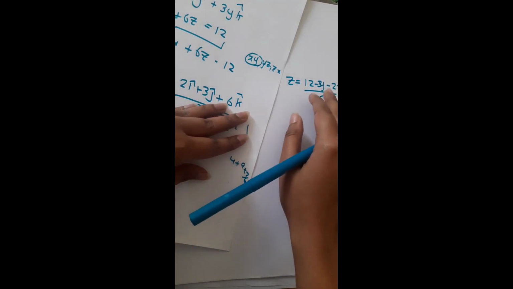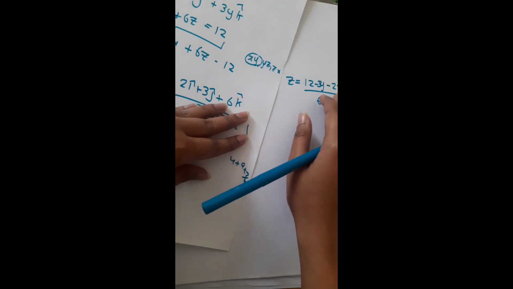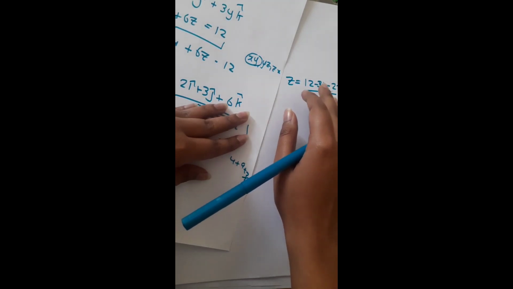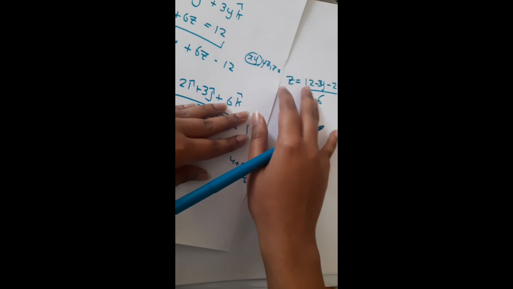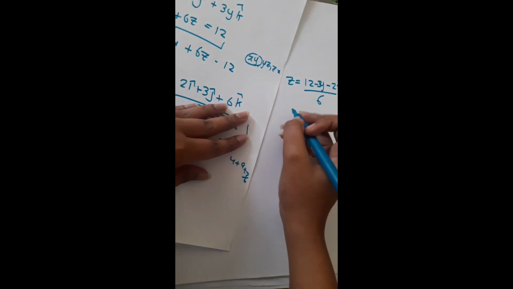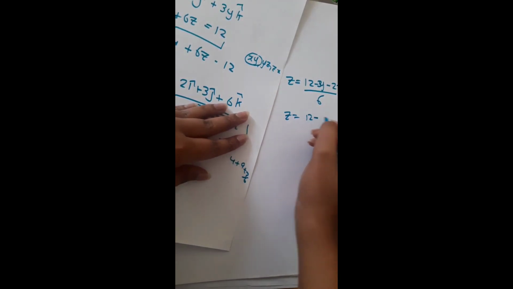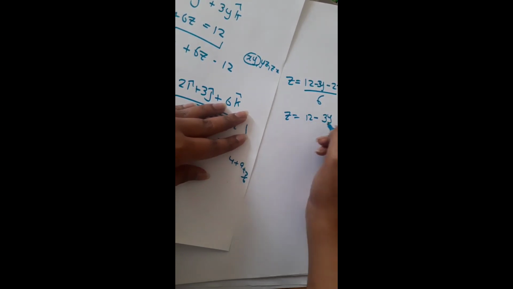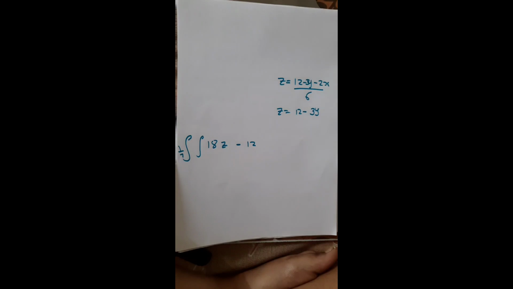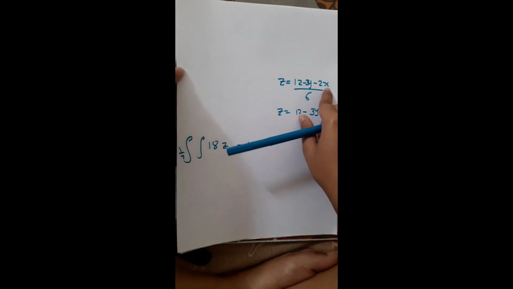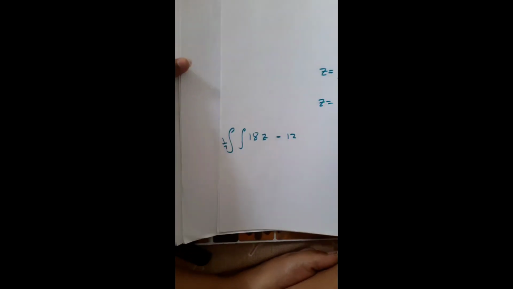First I'll keep x as 0, so I'll get 12 minus 3y. So now we have seen that z equals 12 minus 3y minus 2x upon 6, which we have derived from the original equation that we had.